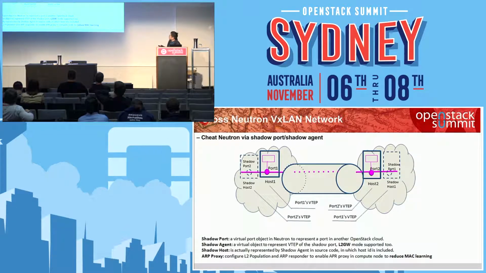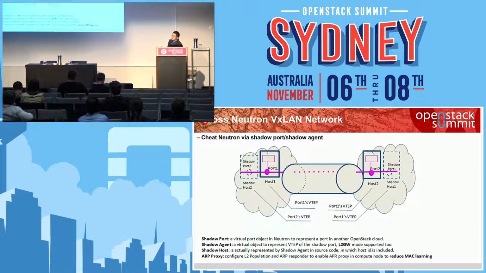So when we create a shadow agent and the shadow port in this Neutron, after the L2 population or other layer 2 networking technology, this Neutron will know the VTAP of this port in another Neutron. So Tricircle helps the application to establish the cross-Neutron VXLAN network.